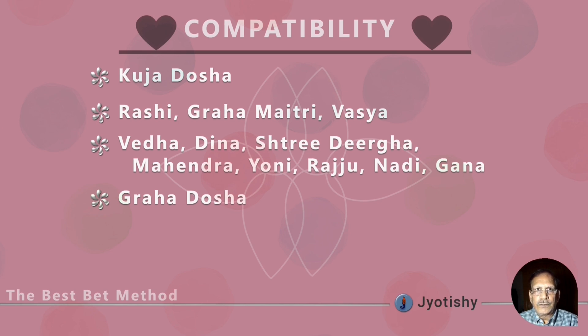In the case of Kuja dosha as well as Graha dosha, the recommended usage is that these doshas should match in both the charts of the girl and the boy. Then Dasa overlap: both of them should not have a major change in Dasas within one year before marriage or even after marriage.